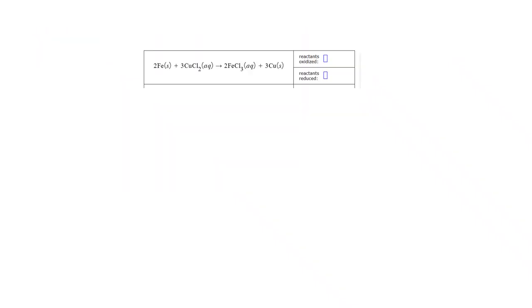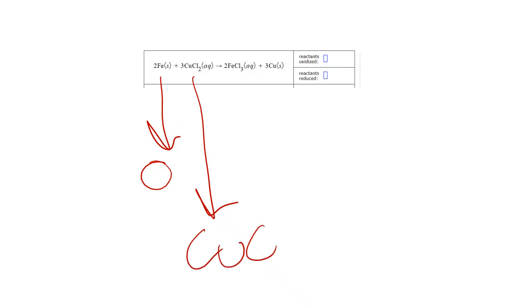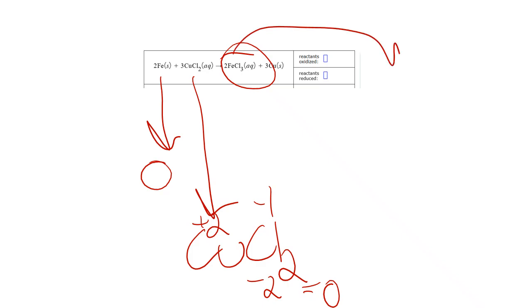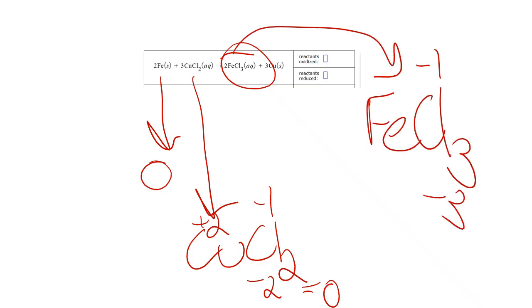For determining which reactant is oxidized. Iron is alone, so that's a 0. Copper, Cl2, -1, -2, so copper is a +2 on the left because this equals a 0. And on the right, FeCl3, -1, that makes this a -3.